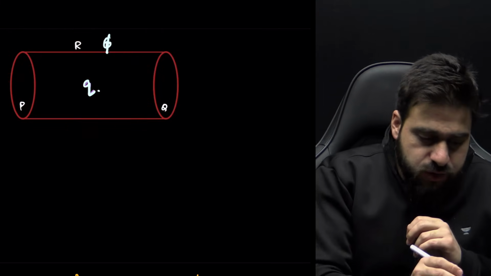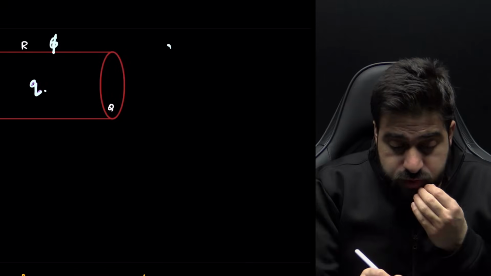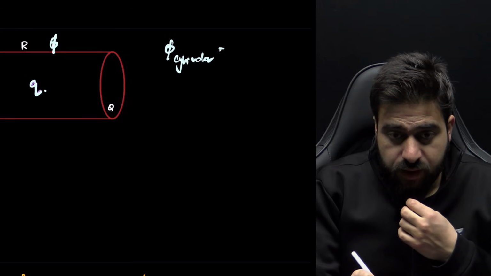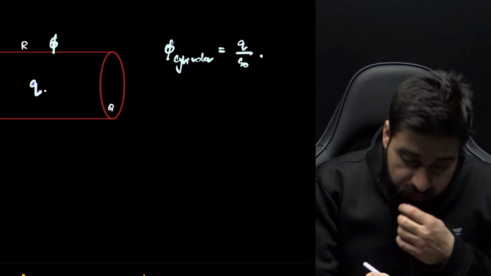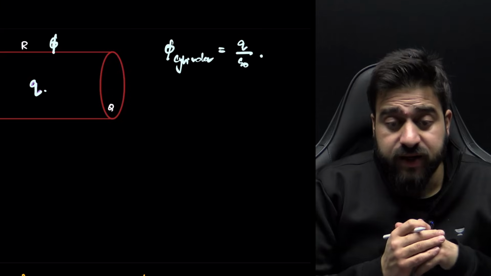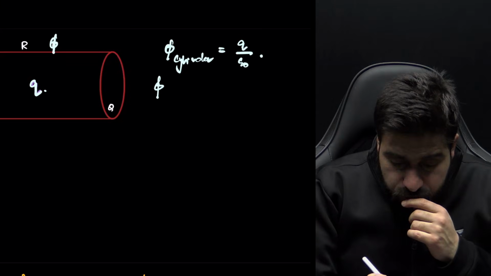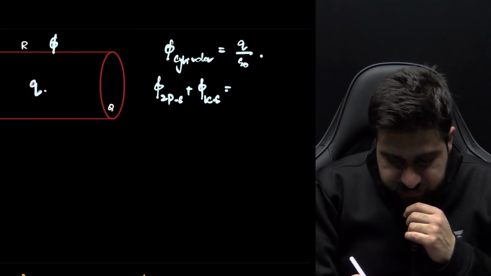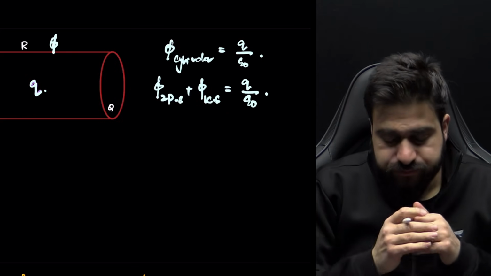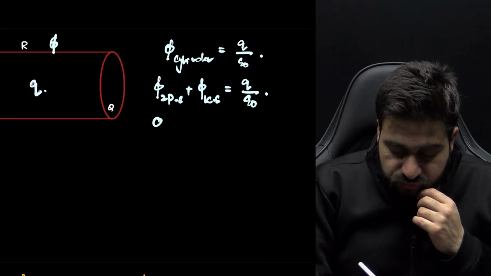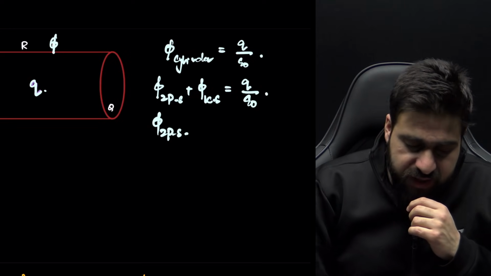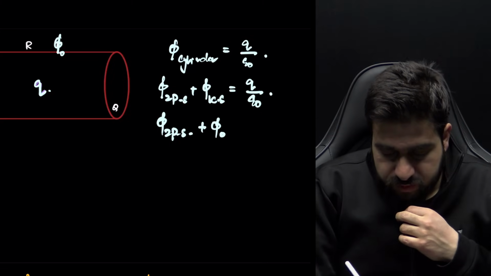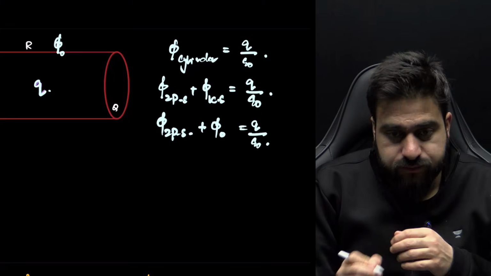So when you write flux through the closed surface, meaning the cylinder, it is Q divided by epsilon naught. This means flux through two plane surfaces plus flux through one curved surface is Q by epsilon naught. Now, let the flux through the curved surface be phi naught. Then phi naught plus flux through two plane surfaces is equal to Q by epsilon naught.